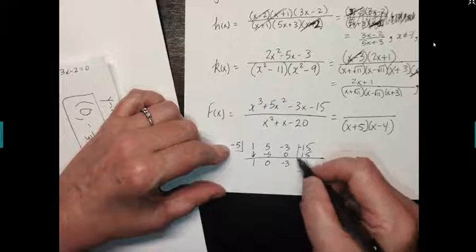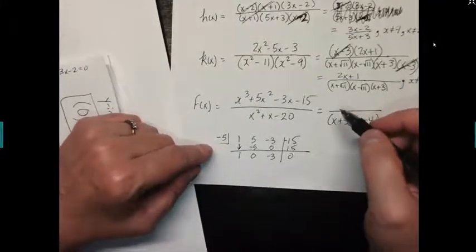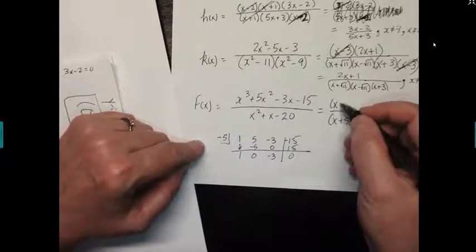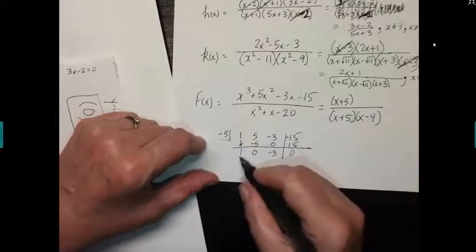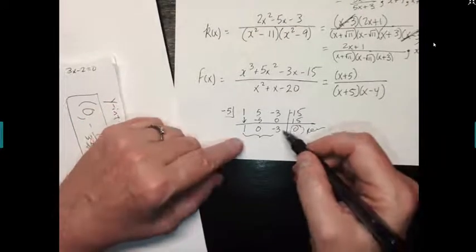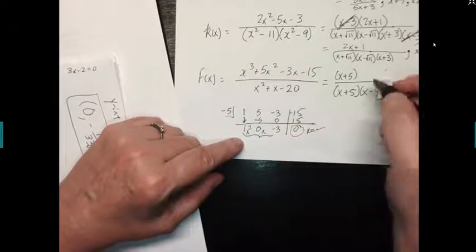And it is. So the numerator will factor. It'll be x minus the number in the box, so x minus negative 5, times the quotient. So that's our remainder. The quotient, that's your constant, that's your coefficient for x, that's your coefficient for x squared.